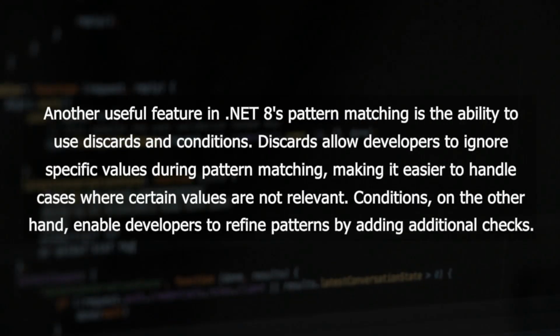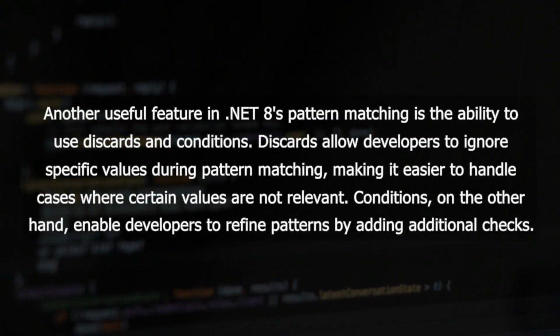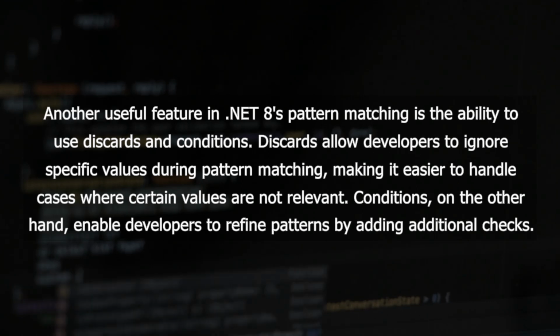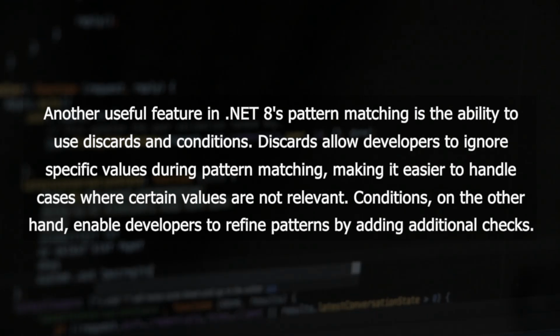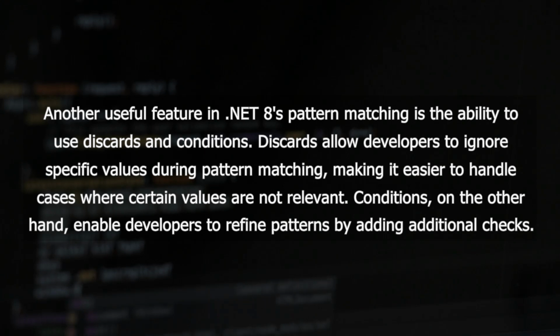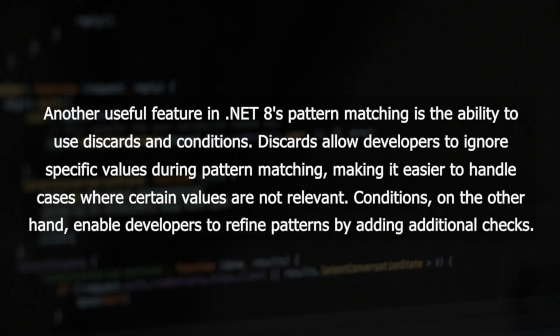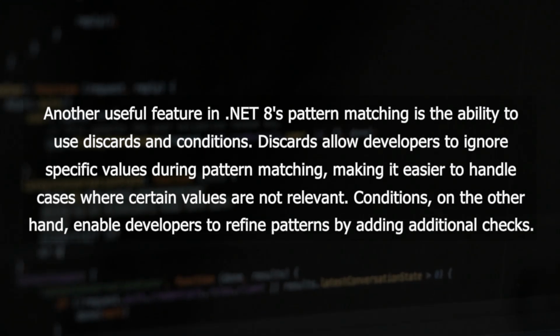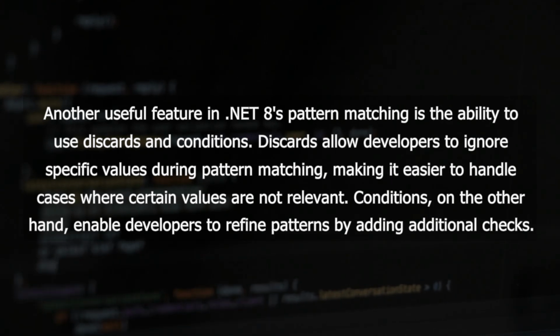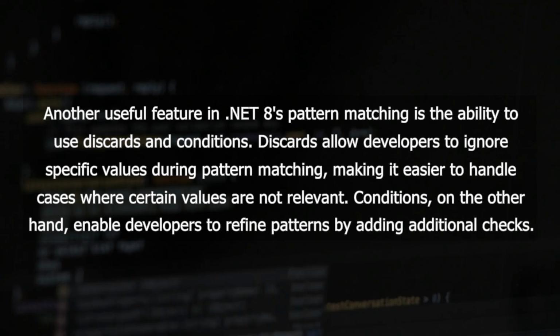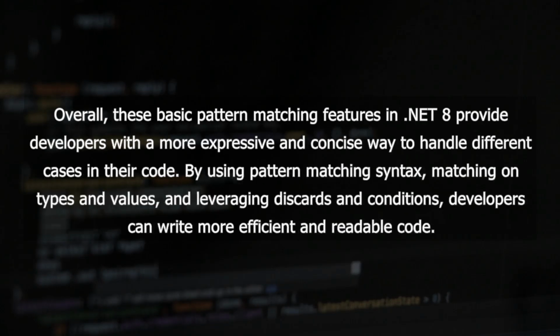Another useful feature in .NET 8's pattern matching is the ability to use discards and conditions. Discards allow developers to ignore specific values during pattern matching, making it easier to handle cases where certain values are not relevant. Conditions, on the other hand, enable developers to refine patterns by adding additional checks.